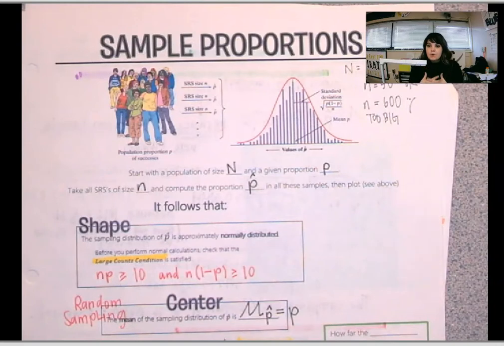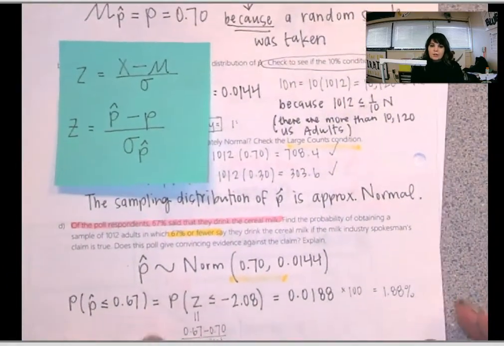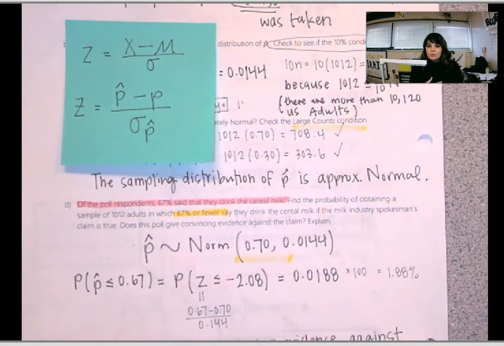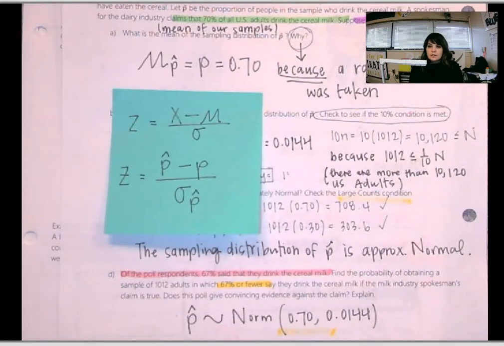So if we meet three important conditions, our samples are part of a distribution that is normally distributed with a center at the true value of the population and a standard deviation that can be calculated. Why is that awesome? Why is that so cool? Because we can calculate some probabilities and we can investigate some claims by using that normal curve, using that normal distribution.